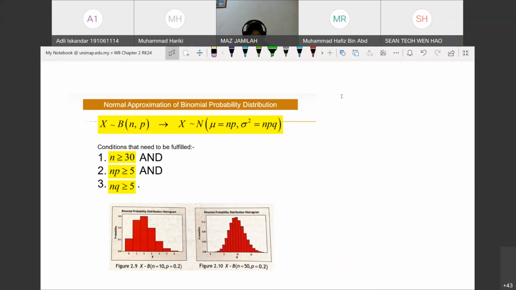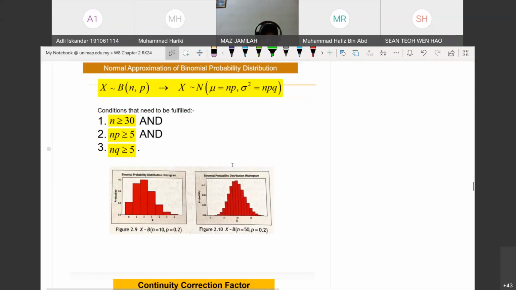Now, normal approximation from binomial. We know that a binomial random variable is distributed this way, and when we approximate using normal, it becomes this. How do I get the mean?